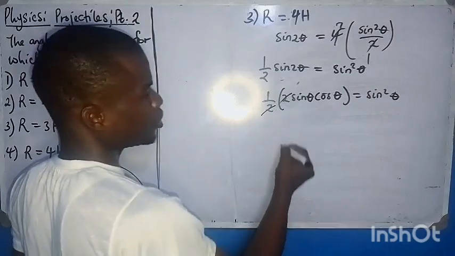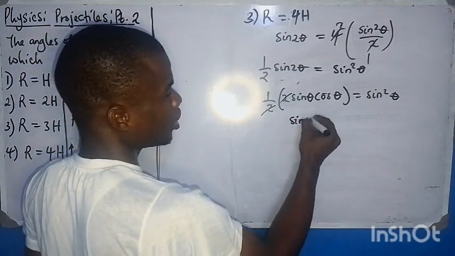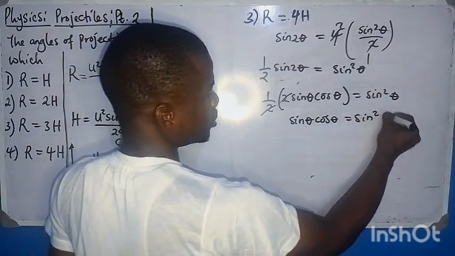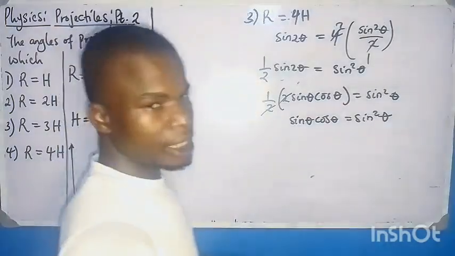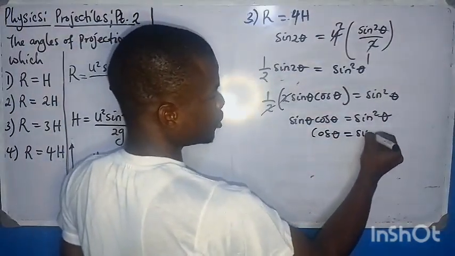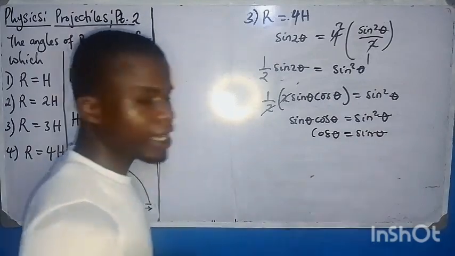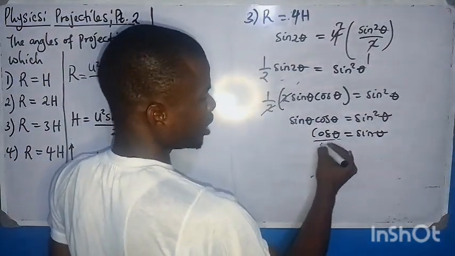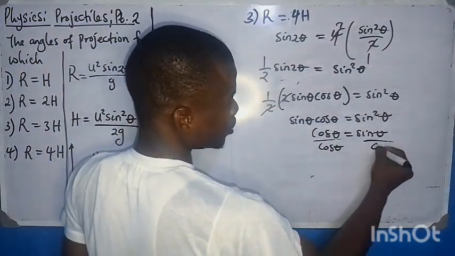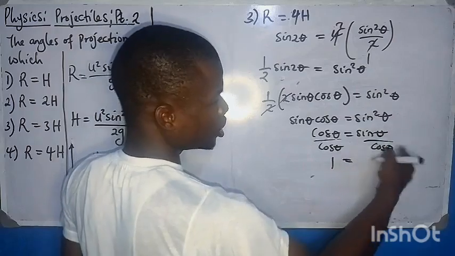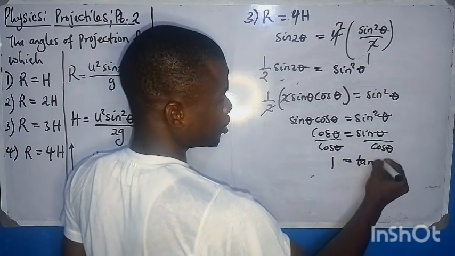Remember, this will take this off and we are left with sine theta cos theta is equal to sine squared theta. We divide both sides by sine theta and we are left with cosine theta is equal to sine theta. We divide both sides by cosine theta, so that we have 1 is equal to sine theta divided by cosine theta, which will give us tangent theta.